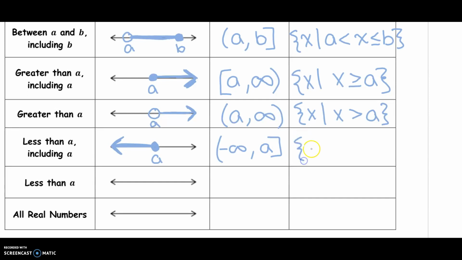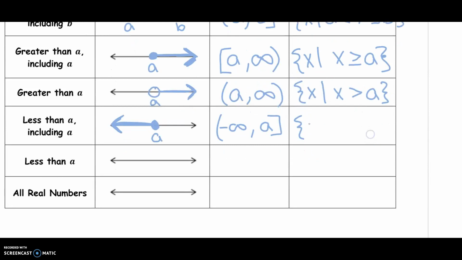Okay, for set notation, the set of values of x such that x is less than or equal to A. All right, and the next example, less than A, so open circle and all the numbers less than A. Okay, and again, starting at negative infinity up to A, not including A, so parenthesis.